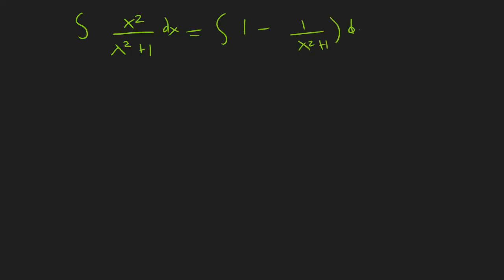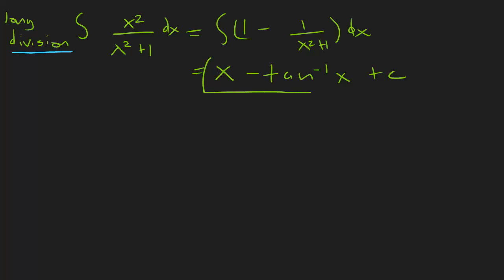Now this is a lot simpler, so this is long division. Once we get from there, if you wanted to solve this, this is just x minus arctangent of x plus c, and that would be it with regard to the solution. It started off as x squared over x squared plus 1, and that's not too bad.